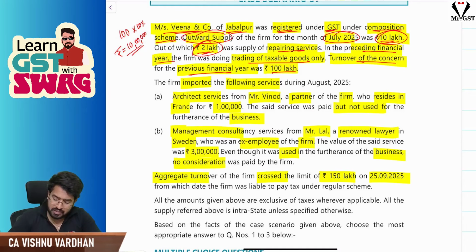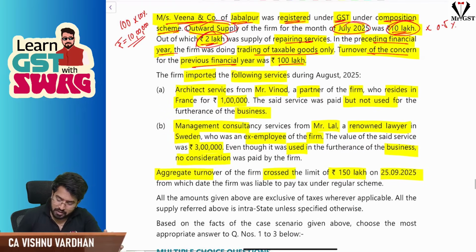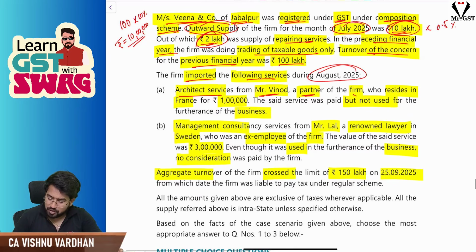So turnover is 10 lakh, including this 2 lakh. On that 0.5%, 0.5%. As you know, they have asked in the question each CGST, SGST. So 5,000, 5,000 will be the answer. Next, they have imported following services in the month of August. Architect services from Vinod, partner of the firm, resides in France for 1 lakh.